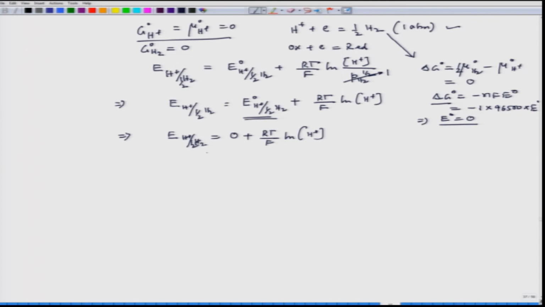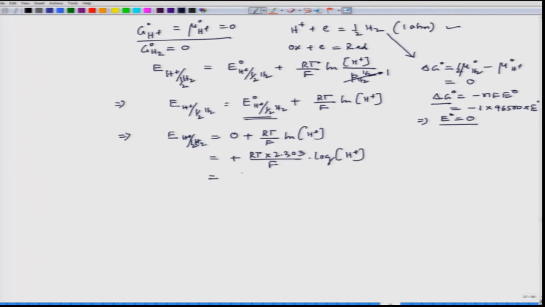Now, ln H+ I can write in this form as minus RT into 2.303 by F log H+.